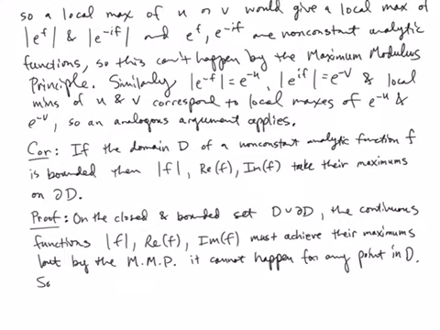There could be multiple different points that achieve the maximum. So any max must occur on the boundary of D. And the same would apply for the minimums of the real part of f and the imaginary part of f.